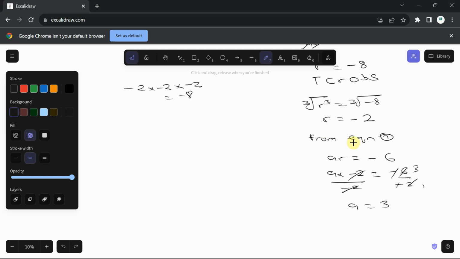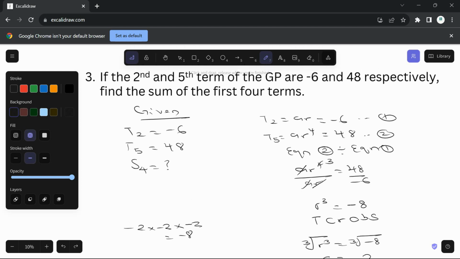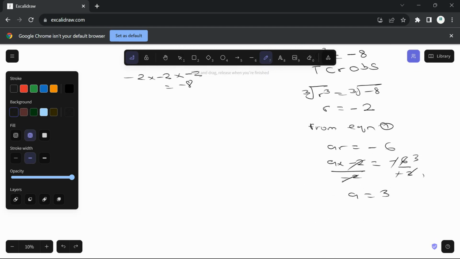Now that I know my A and I know my R, I can find the sum of the first 4 terms. So we know our R. Our R is less than 1, so our formula is going to be A open brackets 1 minus R raised to the power of n, all over 1 minus R. So this is the sum of n.